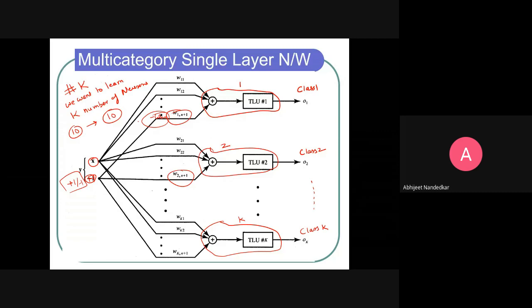So this is not a significant issue. You can put here the augmented feature as plus 1 or minus 1. Combiningly, say this y is a vector with x, which is the original feature vector, augmented by plus or minus 1.